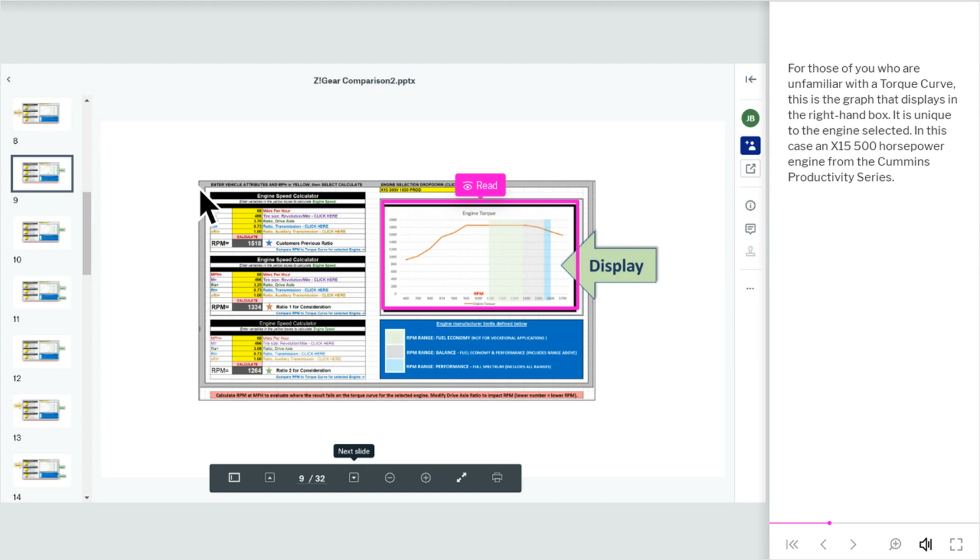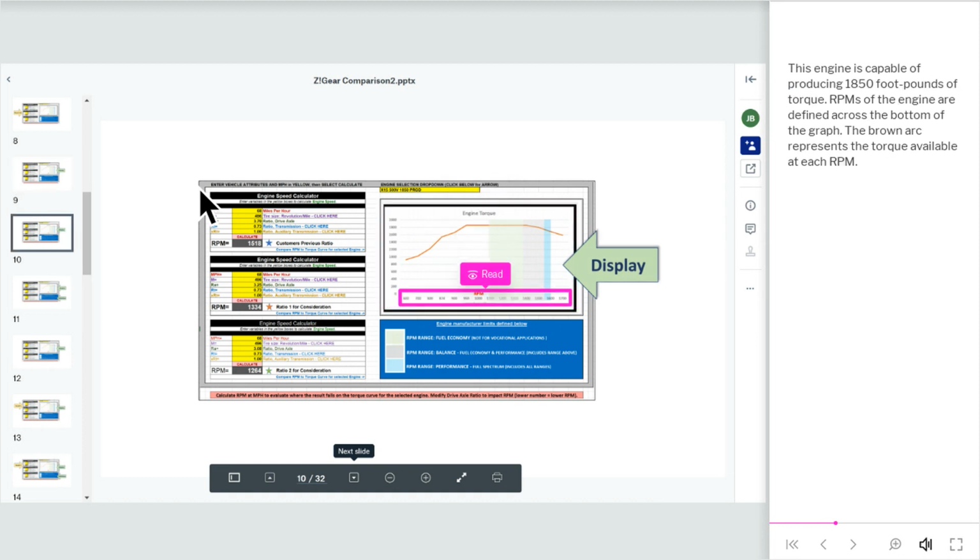For those of you who are unfamiliar with the torque curve, this is the graph that displays in the right-hand box. It is unique to the engine selected. In this case an X15 500 horsepower engine from the Cummins Productivity Series. This engine is capable of producing 1850 foot-pounds of torque. RPMs of the engine are defined across the bottom of the graph. The brown arc represents the torque available at each RPM.